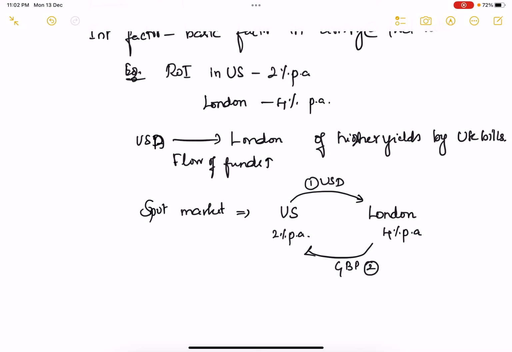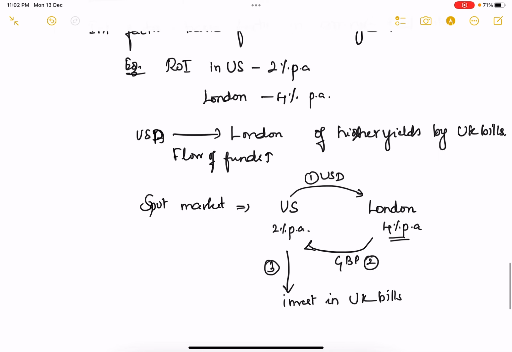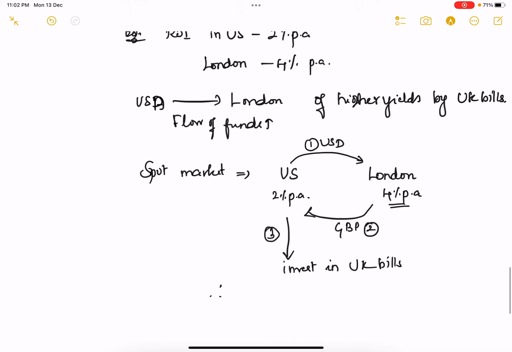So the US immediately converts GBP to invest in UK bills because it is 4% per annum. So therefore, there is a demand for GBP in spot because the US is converting the GBP obtained from London immediately to invest in UK bills. So the demand for GBP in spot will be higher.